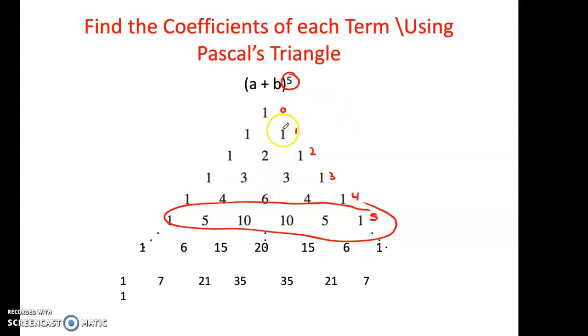And just as a hint, the second number in the row is the same as the exponent. So if we wanted the 5th power, here's our second number, here's the coefficient. If we want the 7th power, there are the coefficients here. That should be a 1 there. Again, the second number equals the exponent.